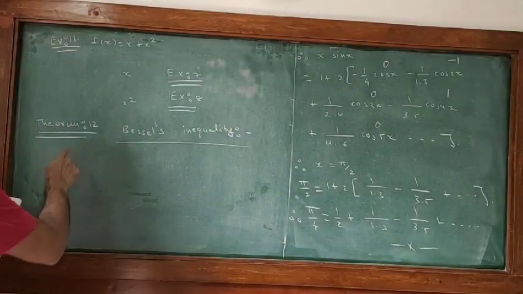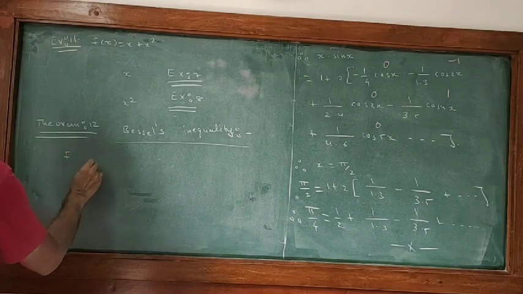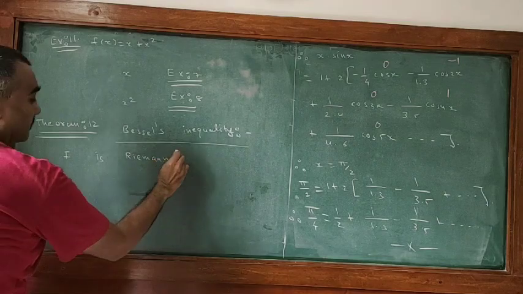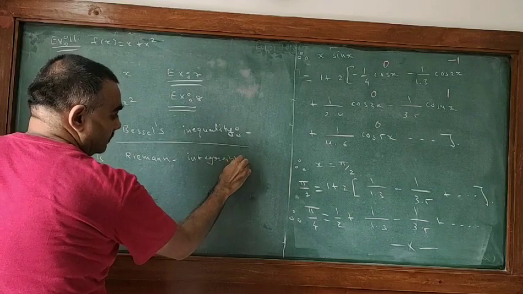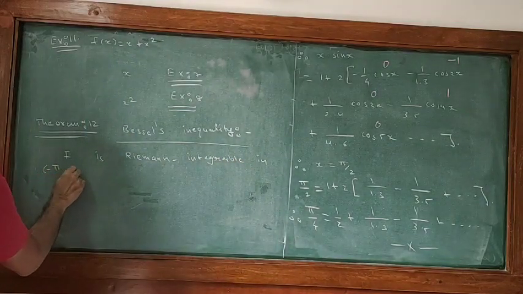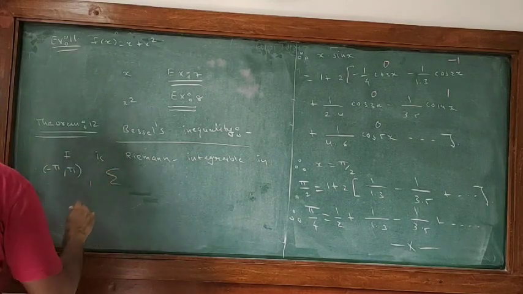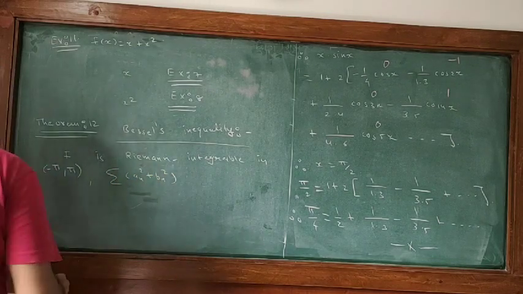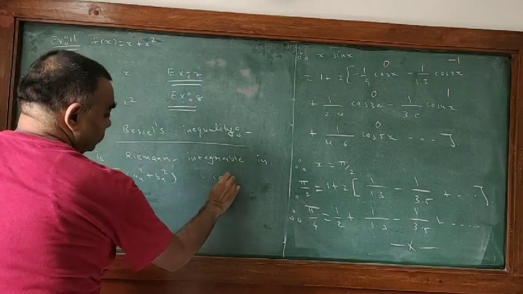And the statement of theorem 12 is, if f is Riemann integrable from minus pi to plus pi, then this series sigma an square plus bn square converges.